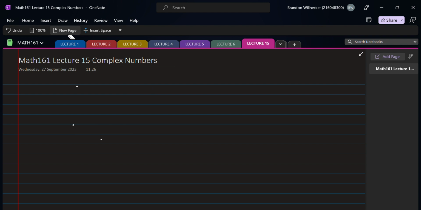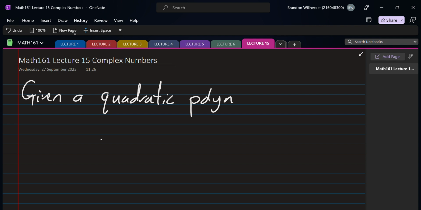Okay, so where do these complex numbers come from? The complex numbers come from the problem of finding the roots of a polynomial. That's where they were first invented or discovered. So given a quadratic polynomial, let's say ax squared plus bx plus c, we can attempt to find the roots of this polynomial.